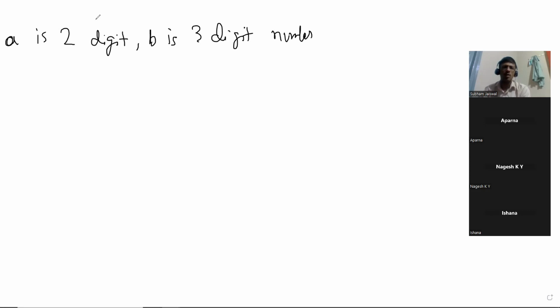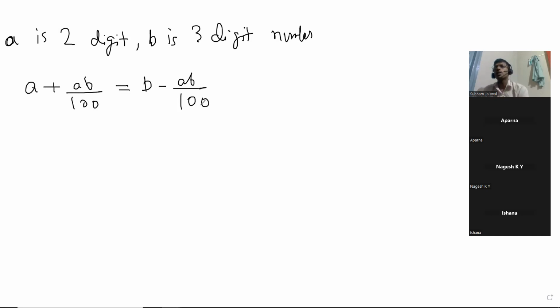Okay. So what do we have? We have that A increased by B%, am I correct? A increased by B% is equal to B decreased by A%, right?